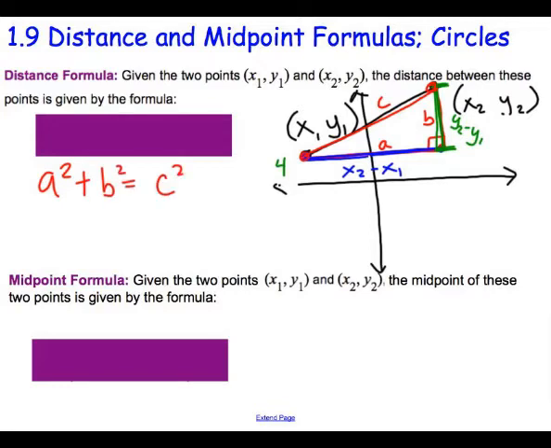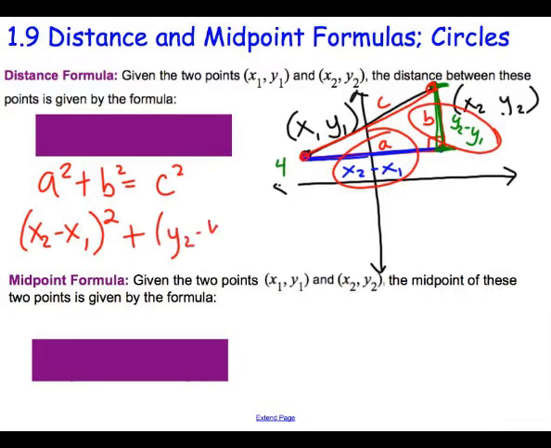In our case, A is x2 minus x1, the difference of the x's, squared. Plus b squared, well, b is y2 minus y1, squared. That equals the distance I'm looking for, squared, d squared. We're calling that d for distance between the points.